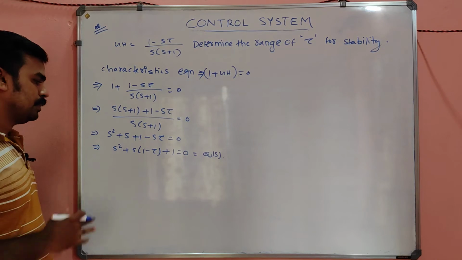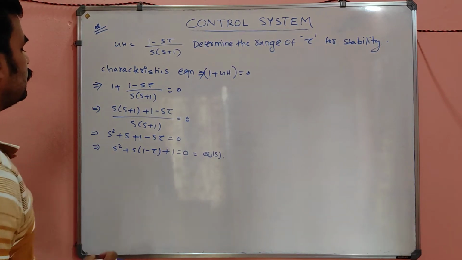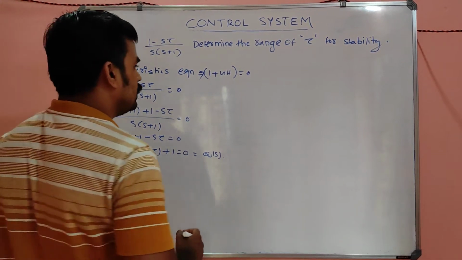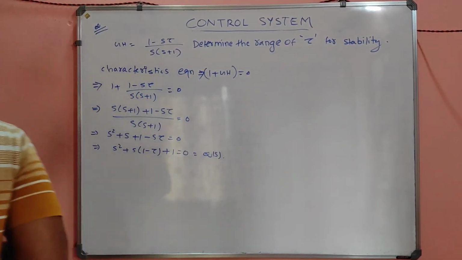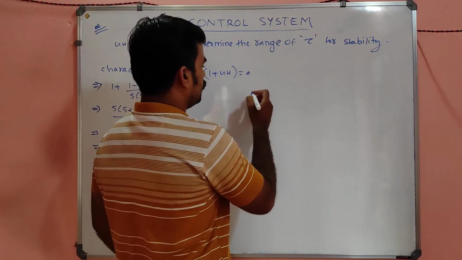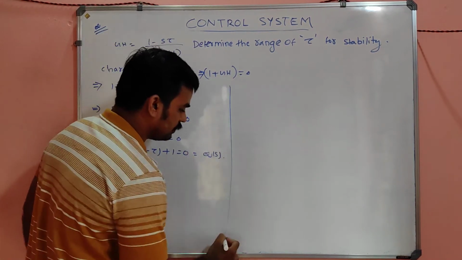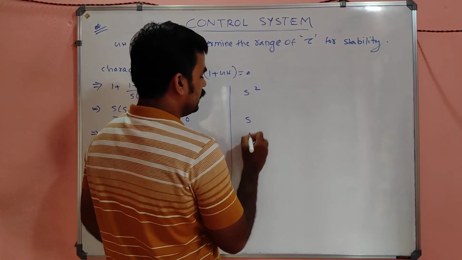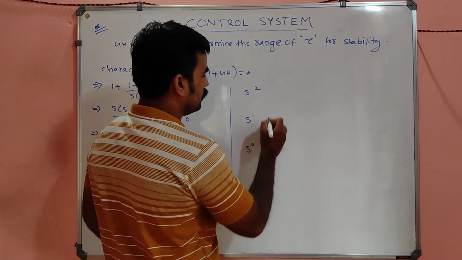Okay. So now you have S square plus S into (1 minus tau) plus 1 equal to 0, which is nothing but my Q of S. So now you can go for the Routh stability criteria. Am I right, my dears? Which is nothing but S square, S and S raised to 0.